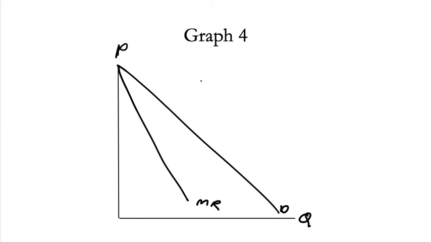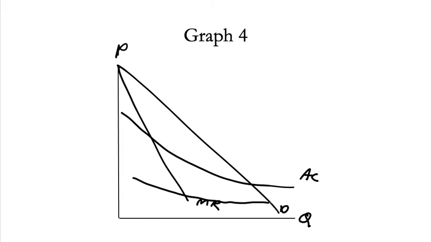Now look at the way I draw AC curve here. So this is AC curve, and look at the way I draw MC curve. If I continue further, then it looks like this. So this is MC curve.